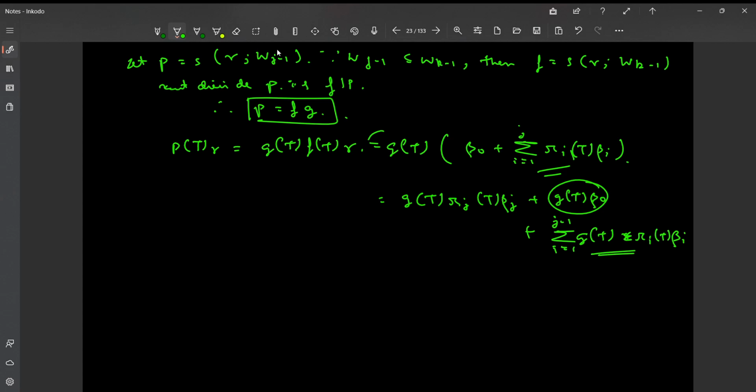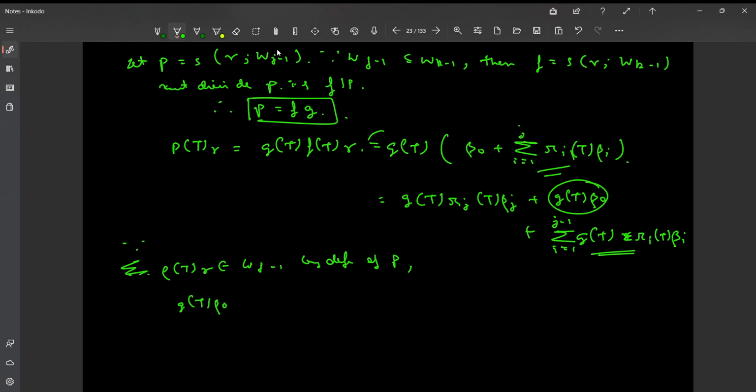From the left hand side, this part is also from Wj minus 1. That is, p(T) of gamma is also from Wj minus 1. That is exactly from the definition of P, because P is the T conductor of gamma into Wj minus 1.